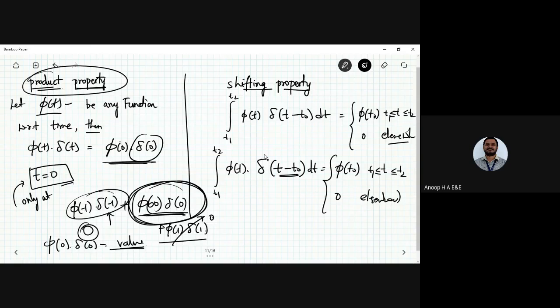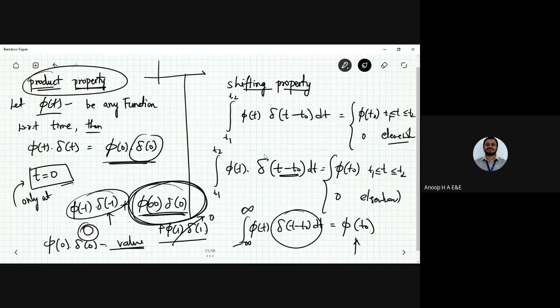And later on, if you want to calculate the value from minus infinity to plus infinity also, as I already told you, phi of t delta of t minus t naught dt would be equal to phi of t naught. Okay, so only where the impulse is located, I repeat, only where the impulse is located.